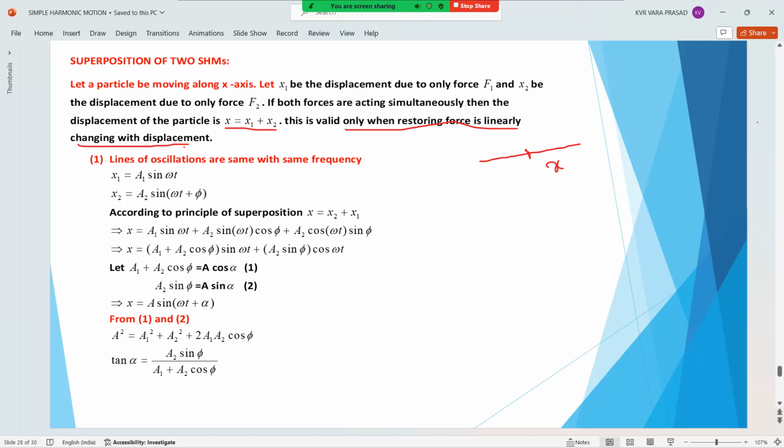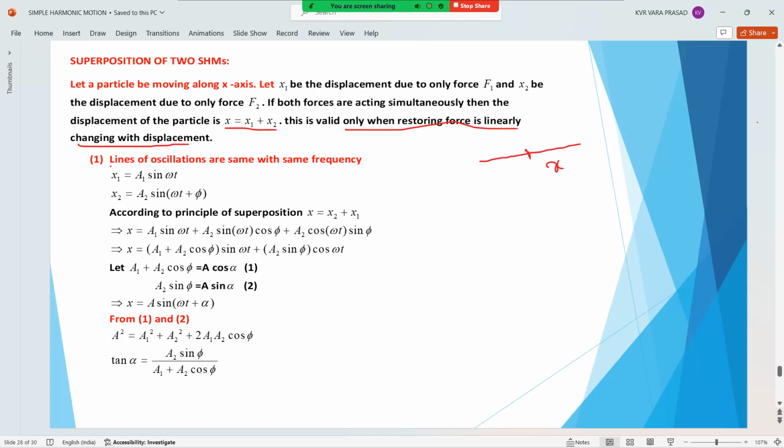That means the restoring force changes linearly with the displacement. That's why we can write x equal to x1 plus x2. Right. Now we are discussing two cases.